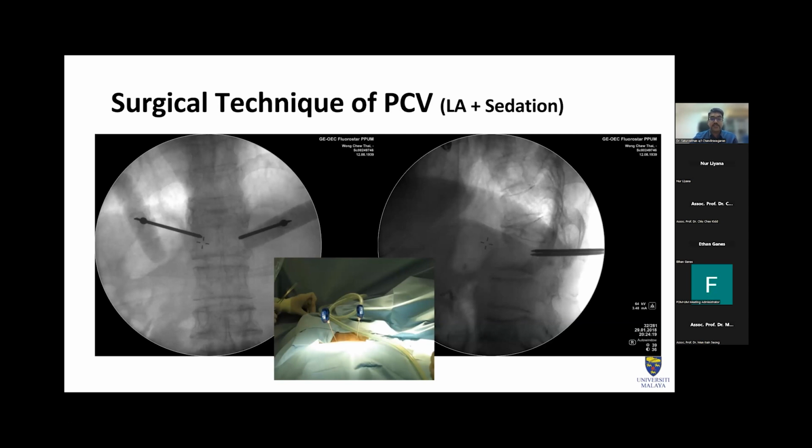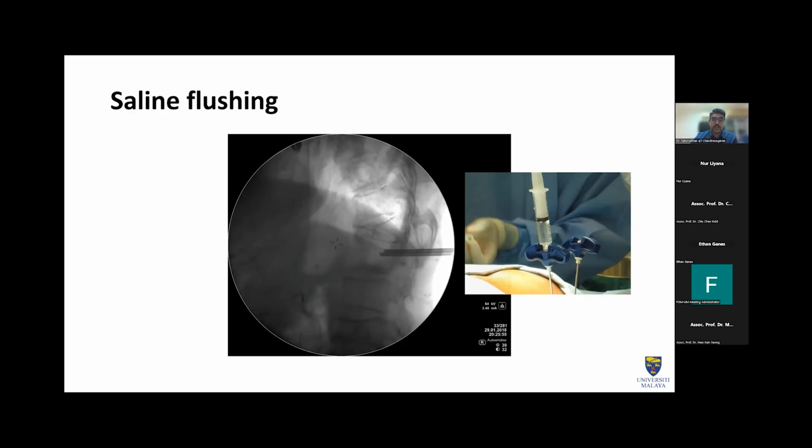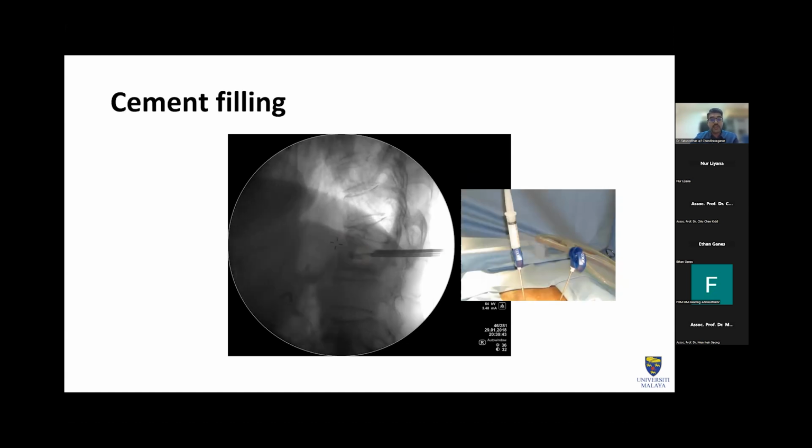Here we show the surgical technique of PCV. It is routinely done under local anesthesia and sedation. Once the trocar is inserted into the vertebral body, saline flushing will be done to clear the debris at the cleft region and to ensure there's a smooth flow in and out between the two trocars.